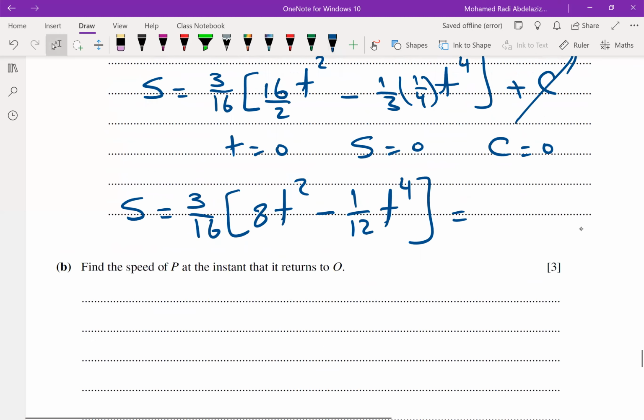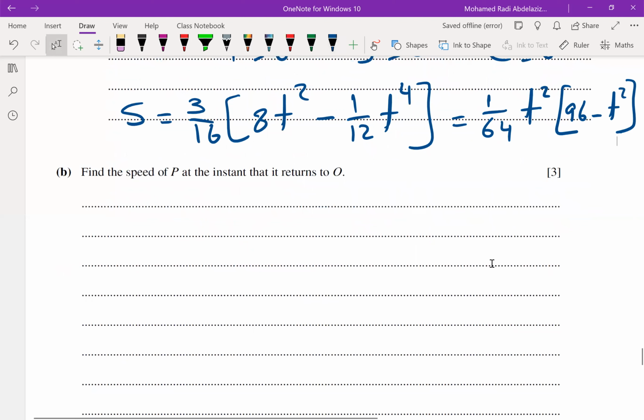Now it's correct. And also if you take t squared outside, when you divide 8 by the fraction 1/12, the answer will be 96 minus t squared. This is part A.